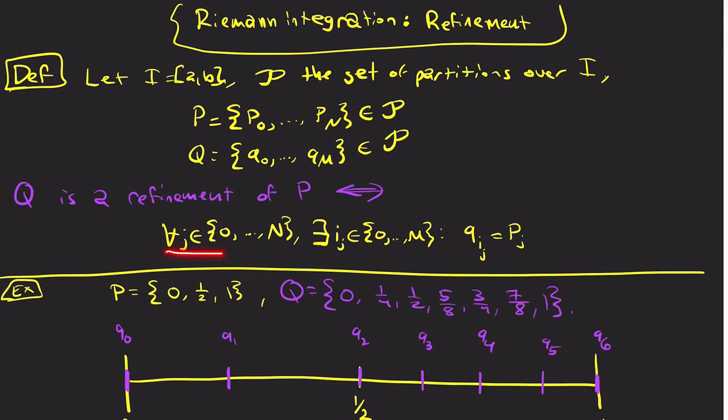That is, for every j between 0 and N, there is an i_j in 0 through M, such that Q_{i_j} equals p_j.